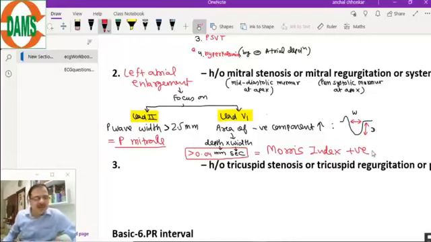This is the name of the sign, Morris index positive, a very important sign indicating left atrial enlargement.